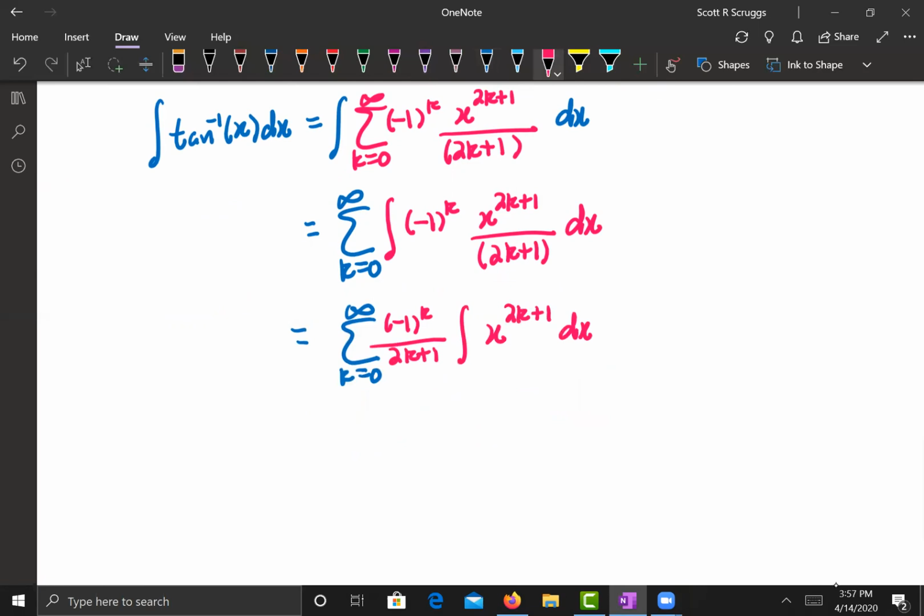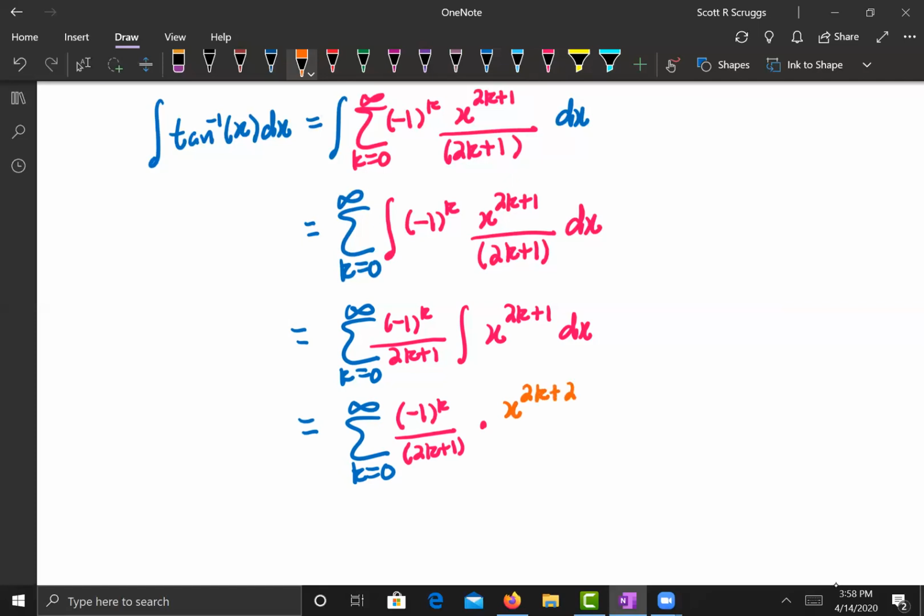And from there, I get to use my reverse power rule, which says I add 1 to the exponent, and then I divide by the brand new exponent. If I add 1 to 2k+1, I will get 2k+2. So I will get the sum from k equals 0 to infinity of (-1)^k over 2k+1 times the antiderivative of x^(2k+1).